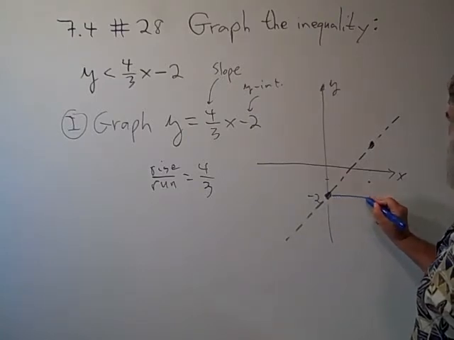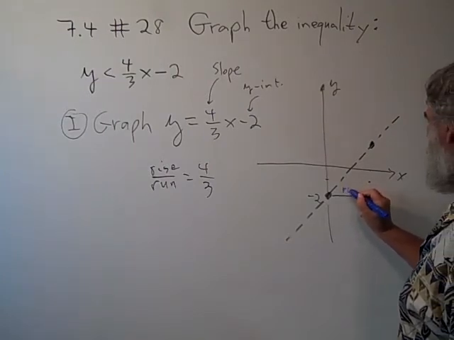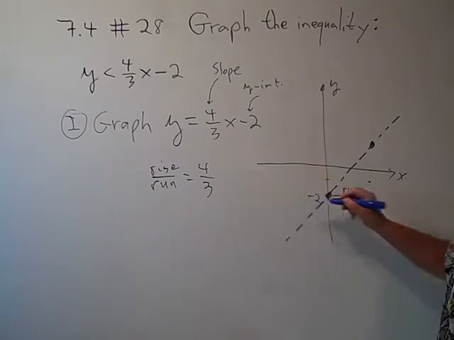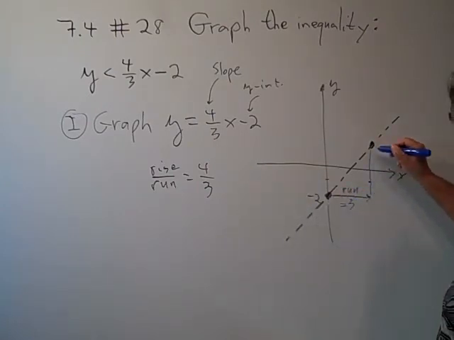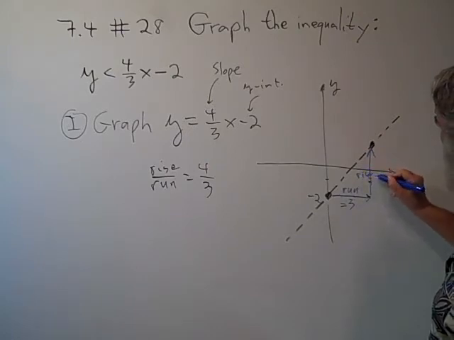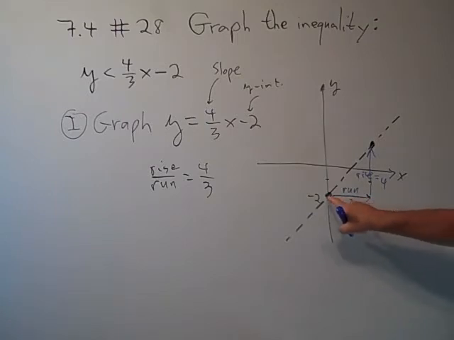The run was 3 here, and the rise was 4. That's how we got from the y-intercept to the second point on the line.